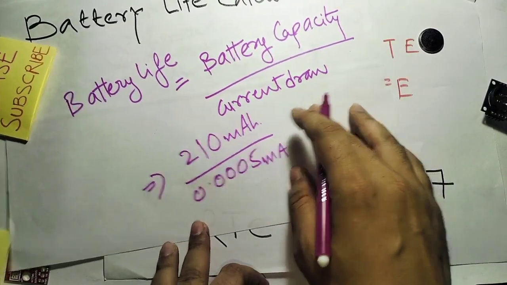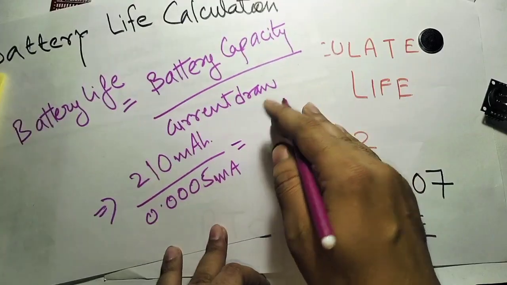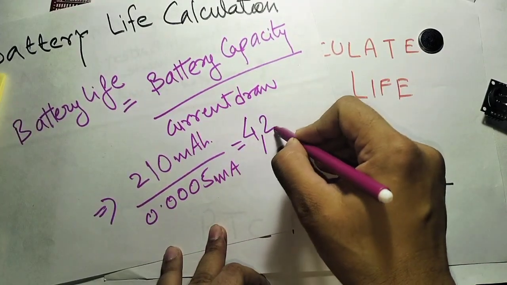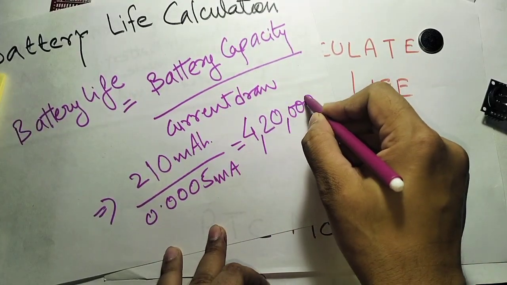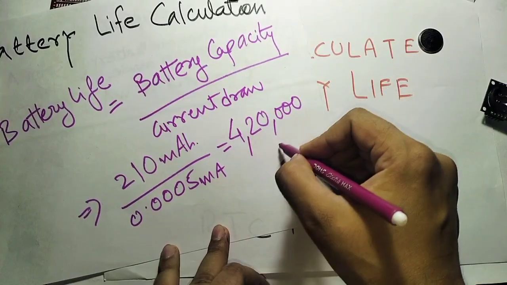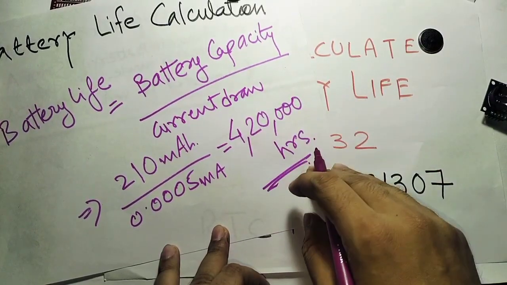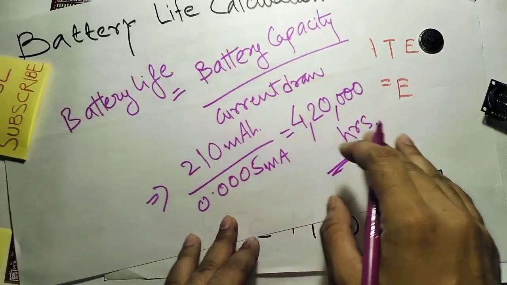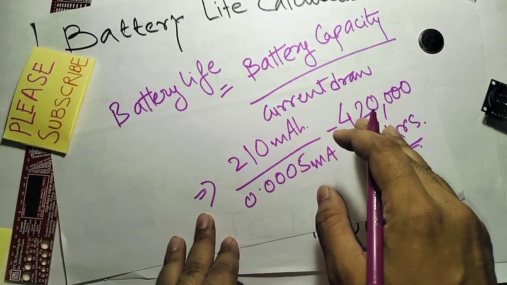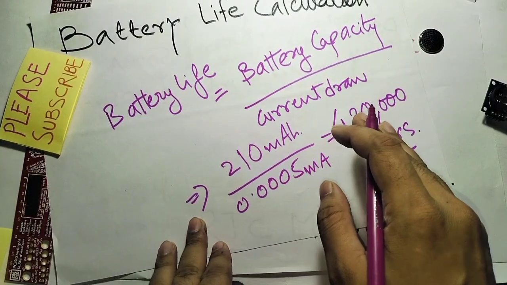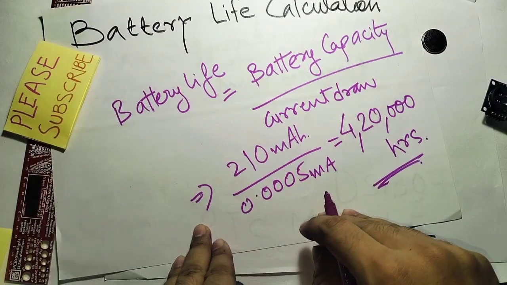When we solve this, we get 4,20,000 hours. So the battery life of this battery is 4,20,000 hours.